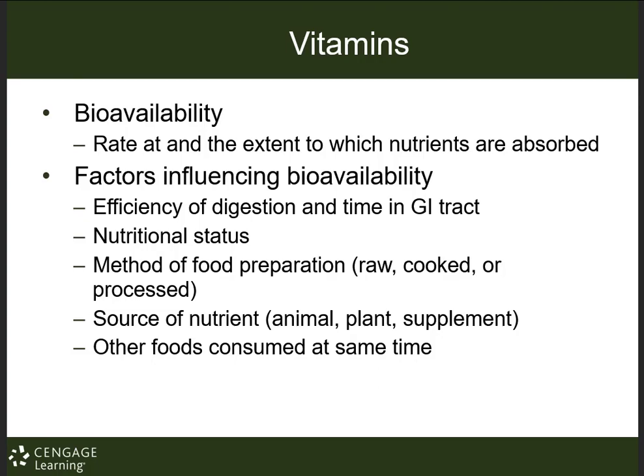Now, with an animal source of iron, we don't really need the vitamin C per se, but a plant source is a different type of iron, so we definitely want to use that vitamin C to help if we are able to. So if we eat those two foods at the same time, we can definitely make a difference in our absorption of the iron. So that is an example of that.